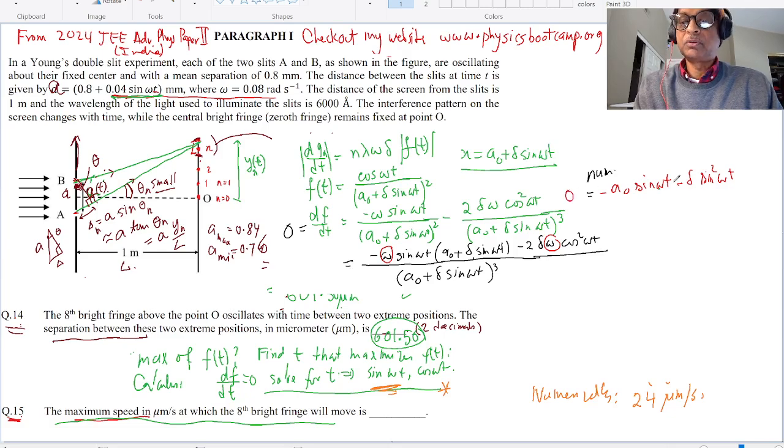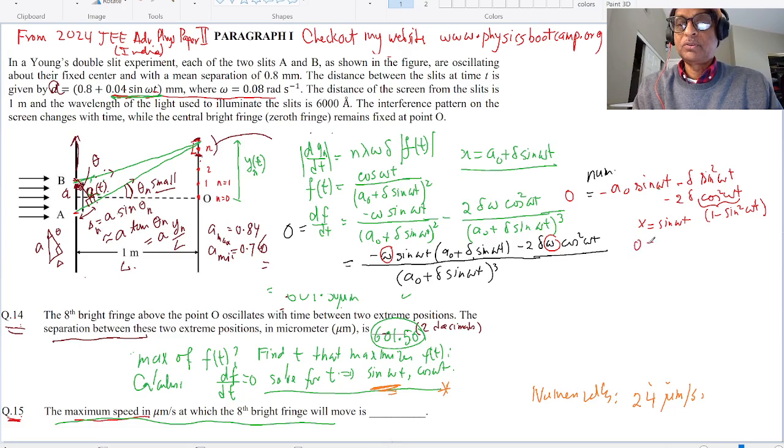So 0 equals sine square omega t minus 2 delta cosine square omega t. Now this will simply be 1 minus sine square omega t. So let x equal to sine omega t.